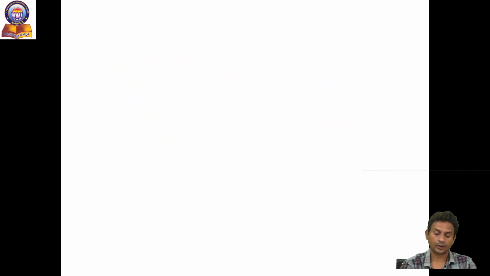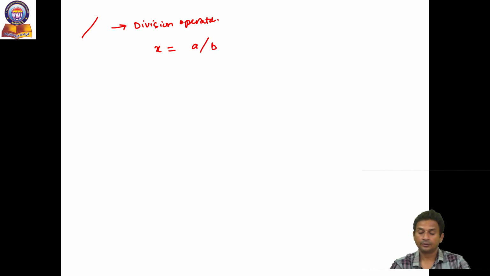So this is the division operator. The syntax of using this is x is equal to a by b. The result that is stored in x is basically the quotient after division.